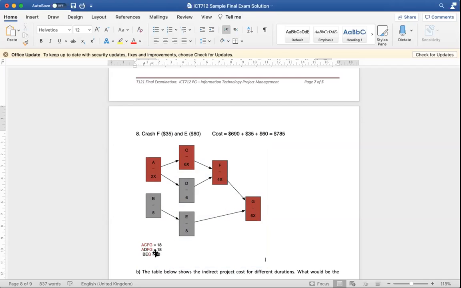Imagine if I use this task, it's going to take me 18 days. If I do this task, it's going to take me 17, and this task is going to take me 17. If I reduce the ones that take 17, it doesn't mean my project will finish quicker, because you still have one task that is going to finish after 18 days. So sometimes there's no point to crash because the duration of your project is not going to be reduced.